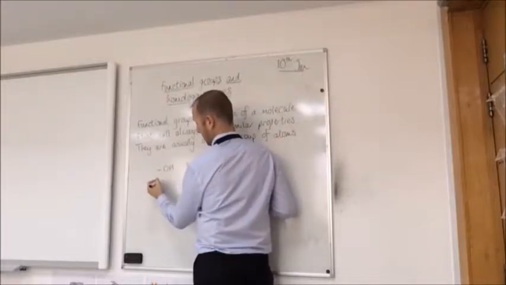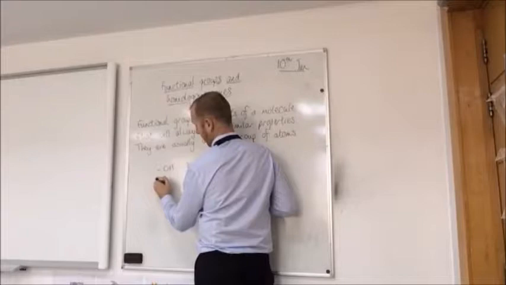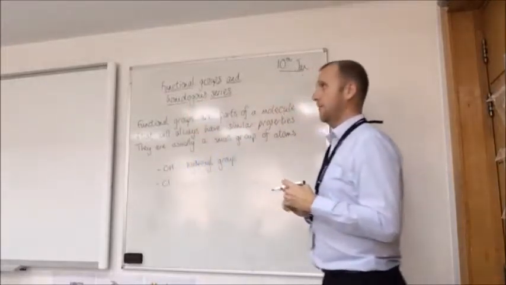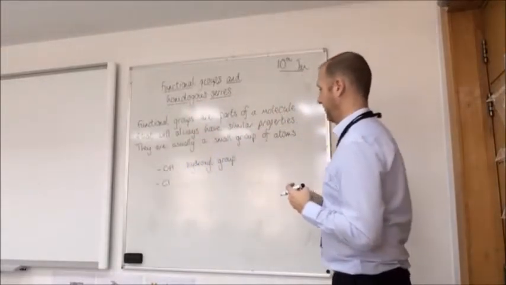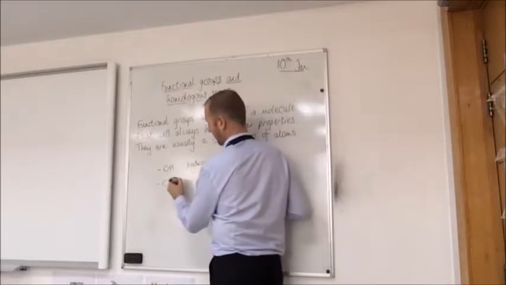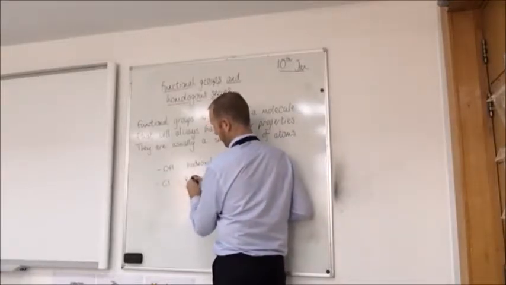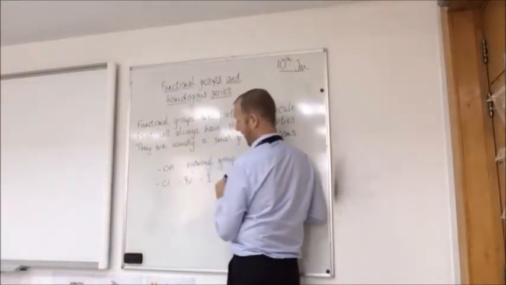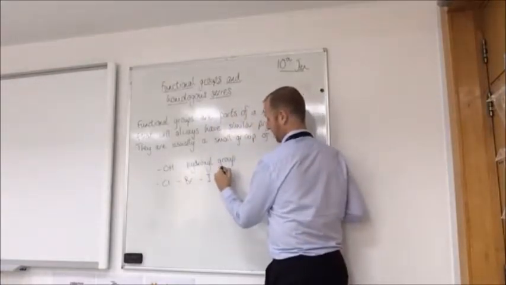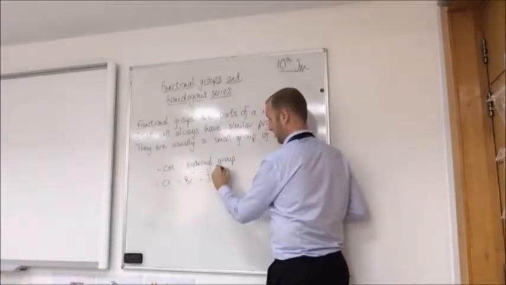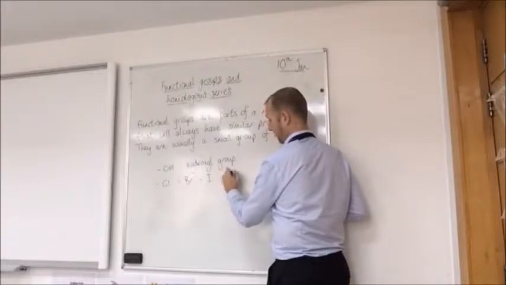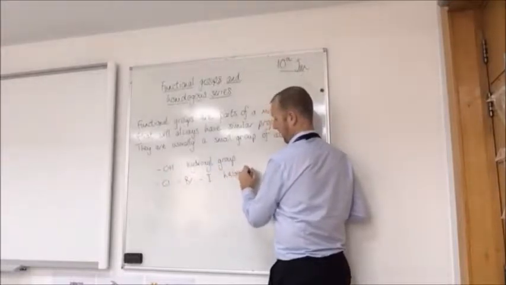Then yesterday when we were talking about, what were we talking about yesterday? Nomenclature. So we had Cl, Br, I, so we've got our halogen functional groups. So they're halogens.